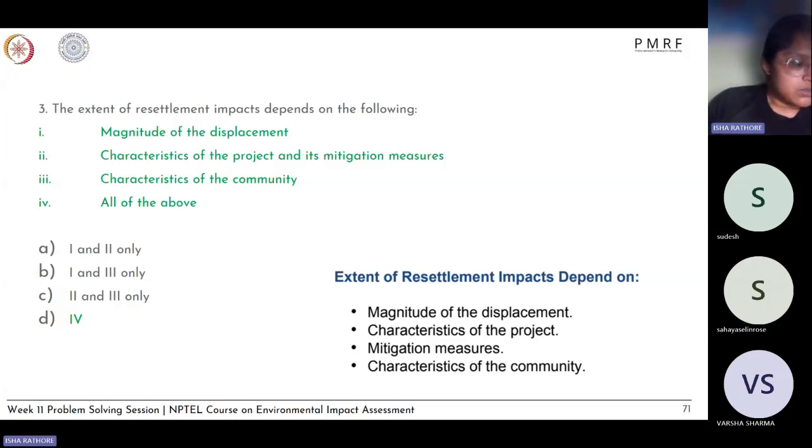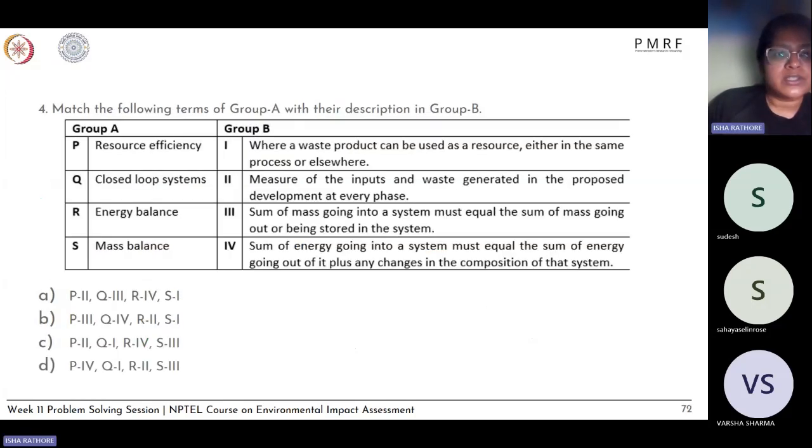Okay. So moving on to the next question. Match the following terms given in group A with their description in group B. So we have the definitions relating to the module on resource efficiency, that is the IA methods for resource efficiency. So we have resource efficiency, closed loop systems, energy balance, and mass balance, and their definitions.